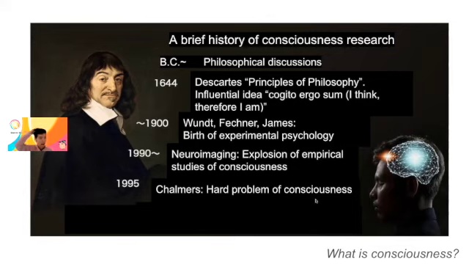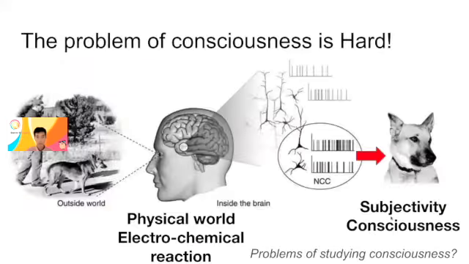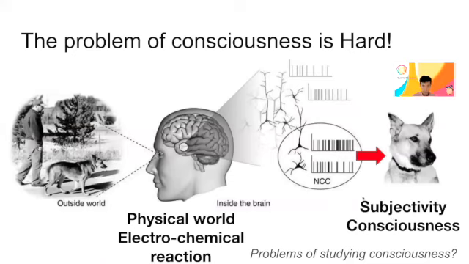But around 94 or 95, the philosopher David Chalmers posed the question of the hard problem of consciousness. What is the hard problem of consciousness? He basically says that even if you find clusters of neurons that definitely correlate, every time you see dogs or imagine or think about them, with some particular neurons becoming active, it doesn't explain why this has to be related to conscious experience.